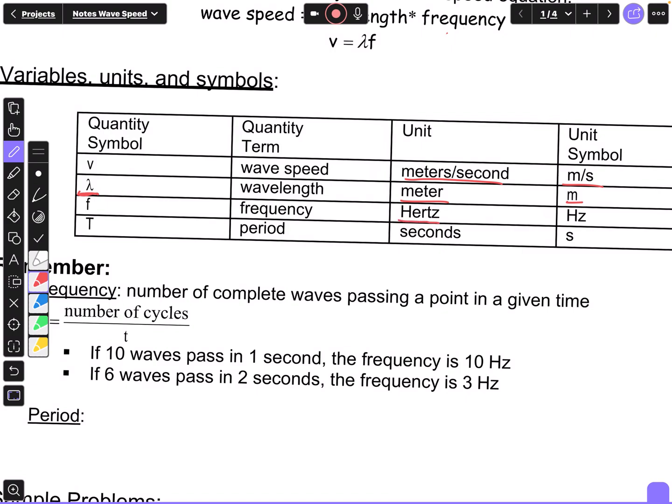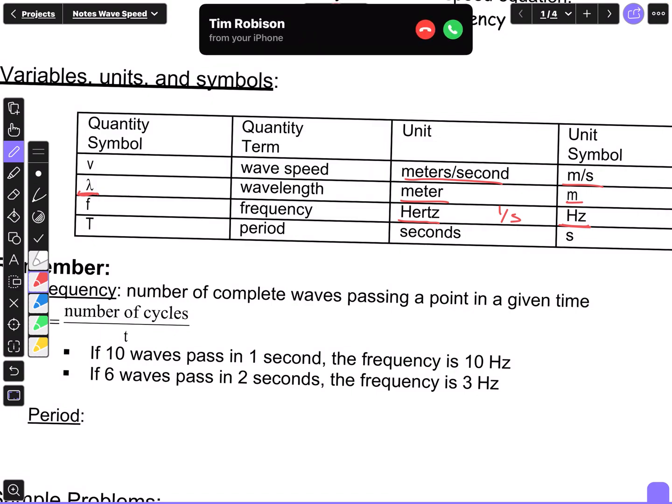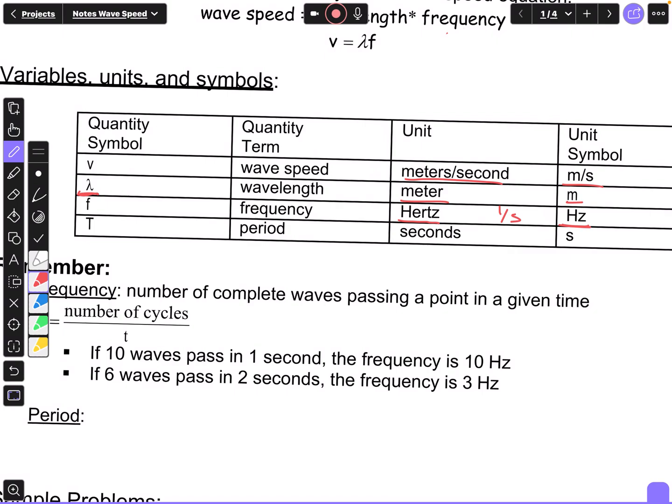It's measured in hertz, which is actually 1/second, and we use Hz as the symbol. And then we have something else called T, which is the period. It's measured in seconds, and we use s.